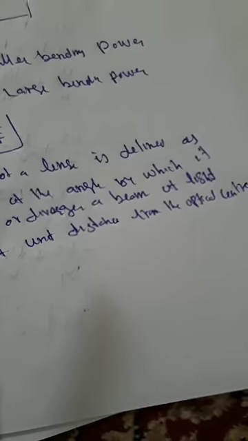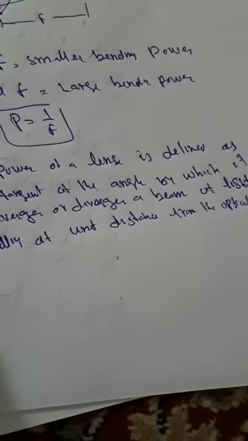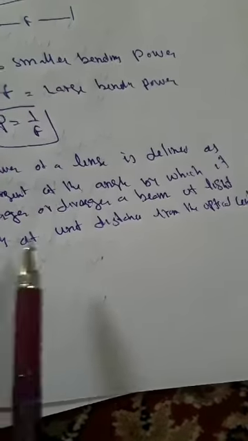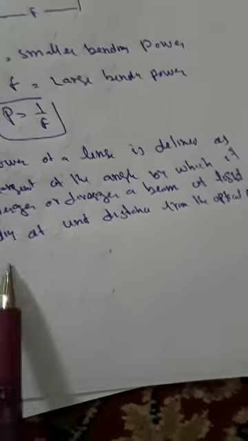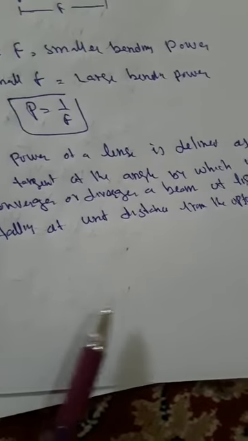The power of lens is defined as the tangent of the angle by which it converges or diverges a beam of light falling at unit distance from the optical center. What is that?